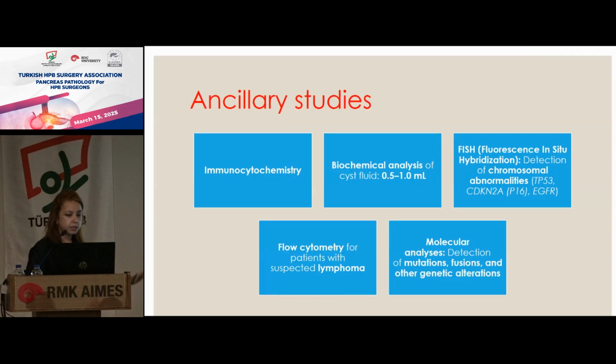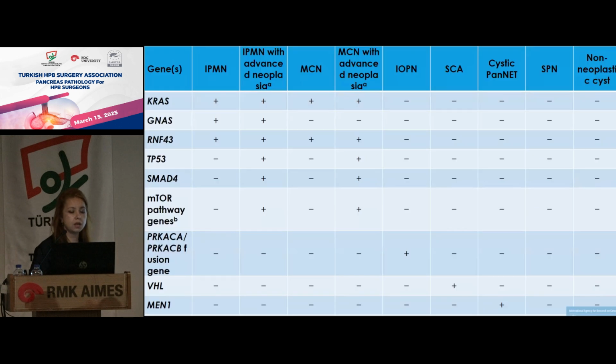So what about the ancillary studies? We can perform immunohistochemistry, biochemical analysis, especially for cyst fluids, which we do not perform in our institute, flow cytometry for patients suspected of lymphoma, and molecular analysis, with which we can detect mutations, fusions, and other genetic alterations. As you can see in this table, there are a lot of genes, and this table is especially for cystic lesions.